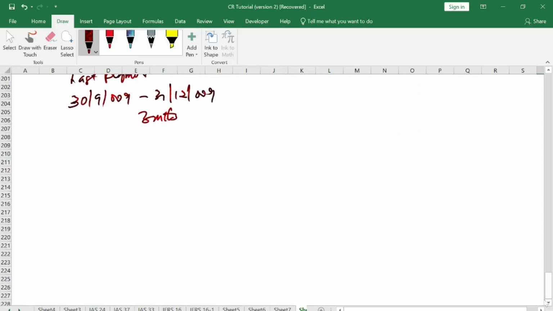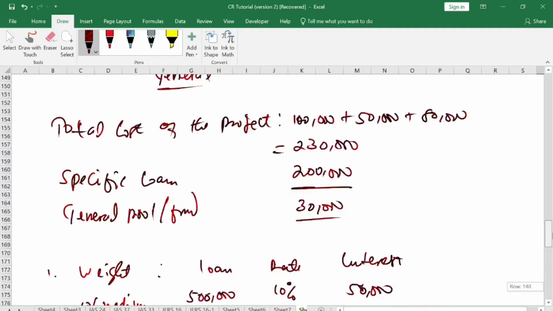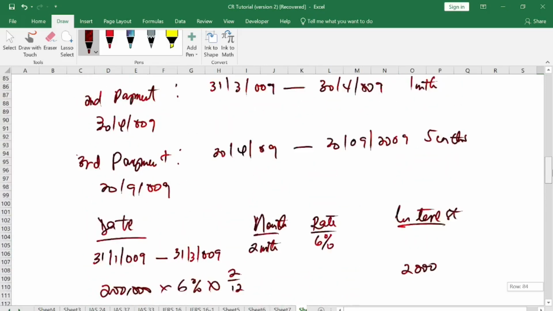When you are done, you can sum up all the borrowing costs. You pick your specific loan interest, which is net, meaning I've deducted the investment interest. How much do I have left?